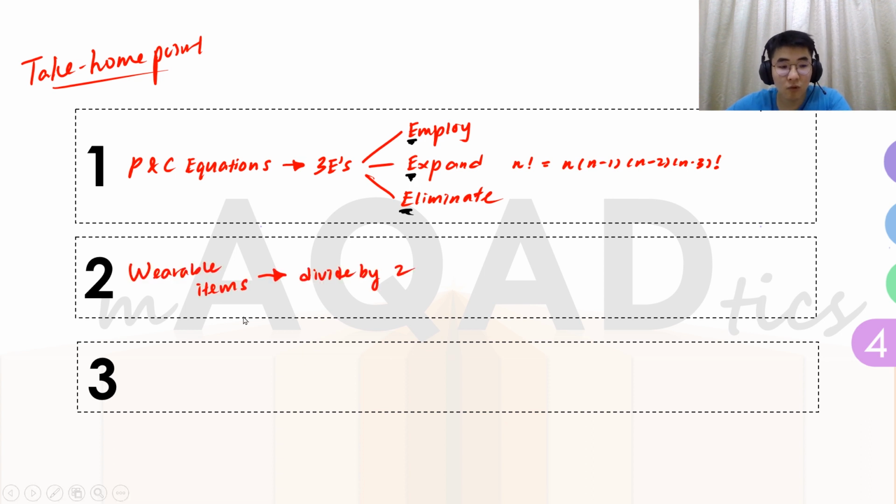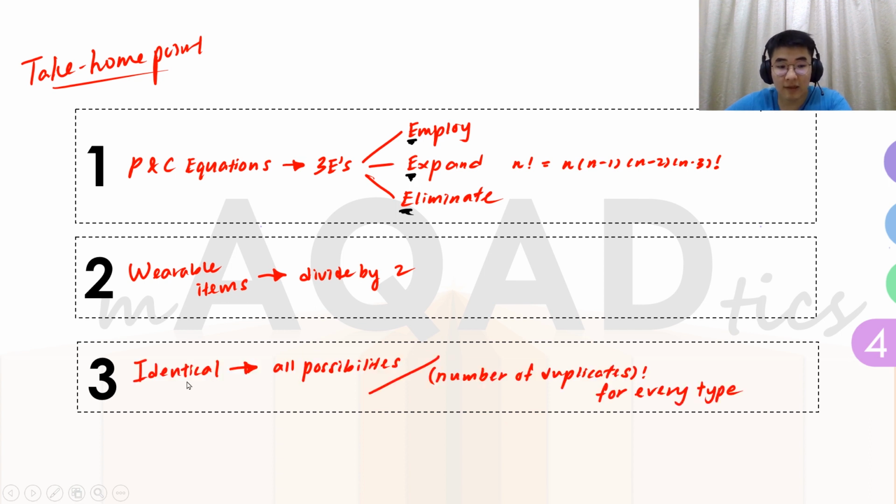The second thing we need to know is that for these wearable items, let's say bracelet or necklace, we need to divide our answer by 2. And the third thing is for these identical items. If we have our answer, which is all possibilities, we need to divide by a factorial for every type which has duplicates, using the number of duplicates for that type.